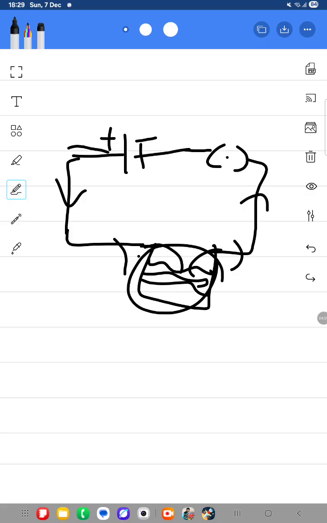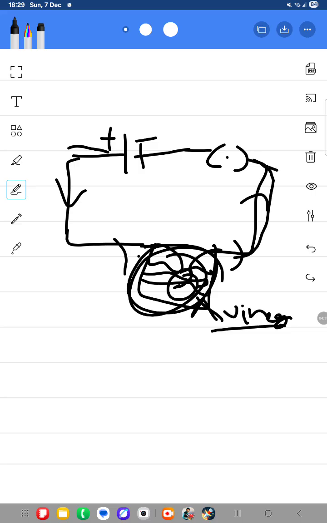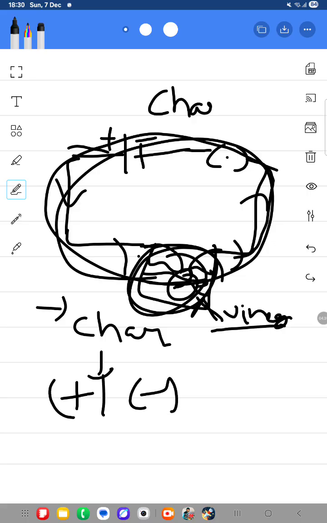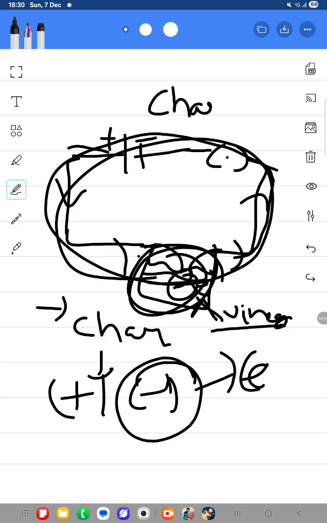What is the conductor here? This liquid, it is vinegar, so we can write it as vinegar. The flow of electrons from this conductor is called electric current. Electric current comprises the flow of charges, and charges are positive or negative. In electricity, negative charge will flow, that is electrons, which have negative charge.